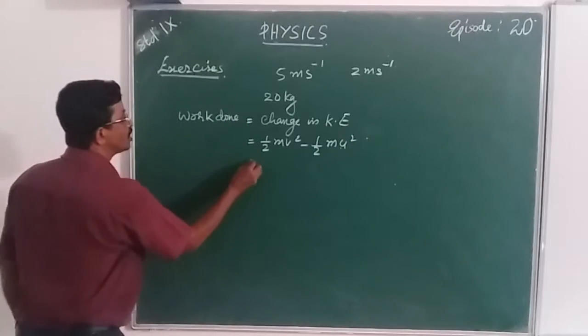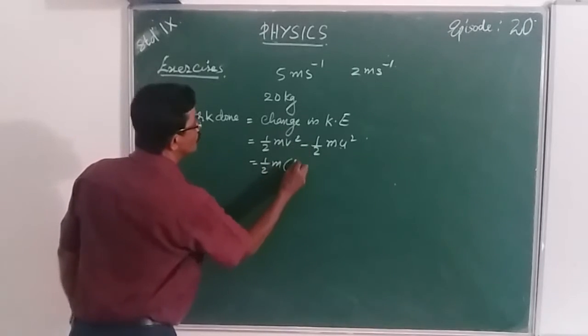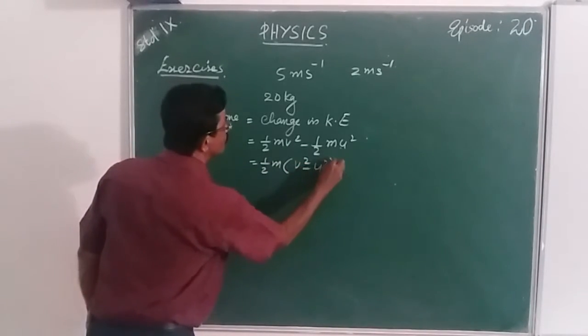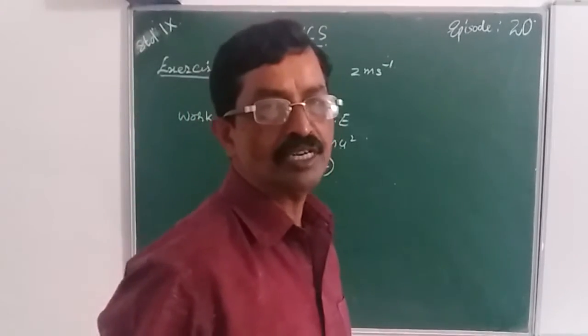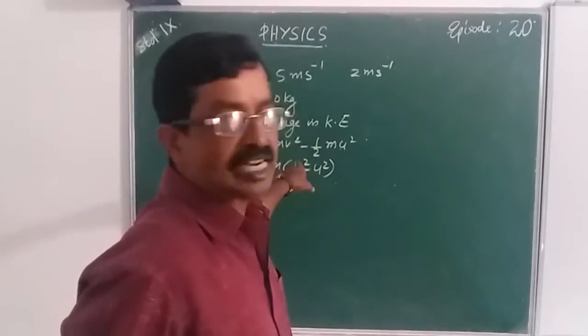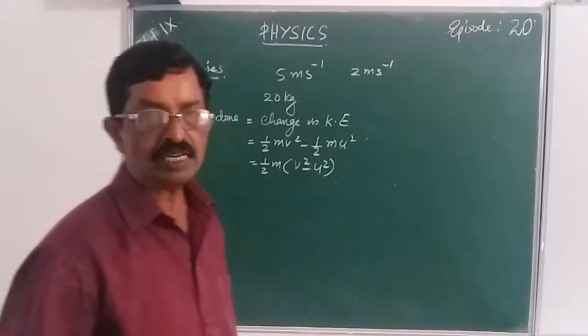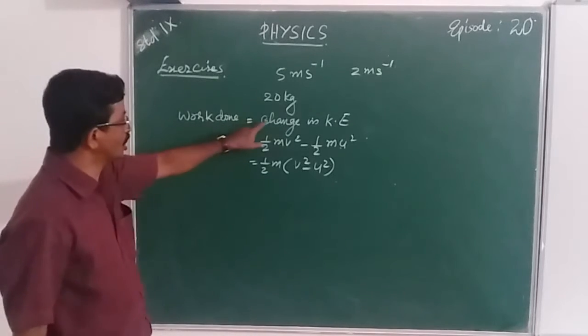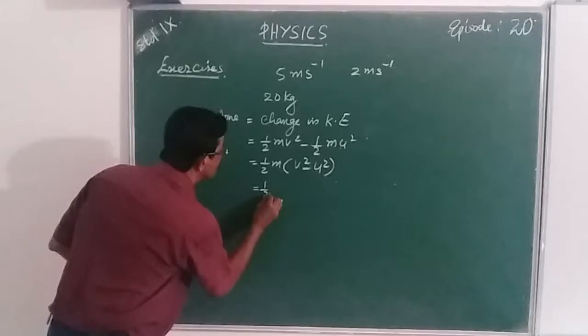That is half m into v square minus u square. From this relation we can find out the change in kinetic energy, and it is equal to work done. Work done is equal to change in kinetic energy, that is equal to half m.